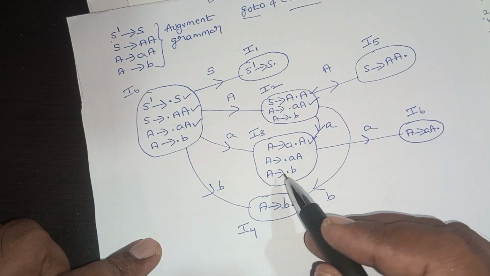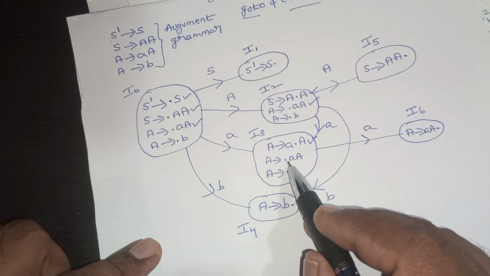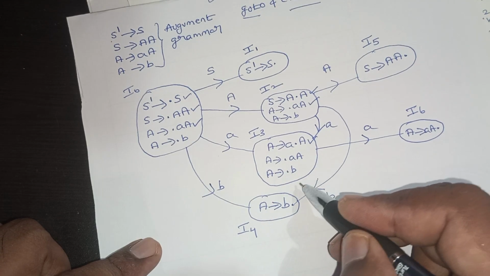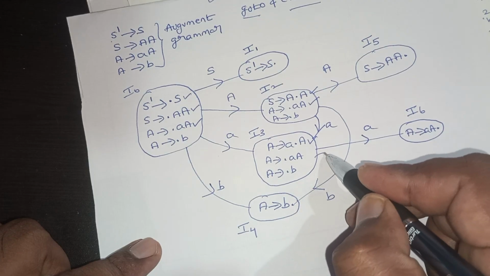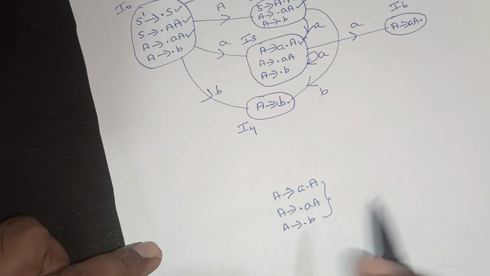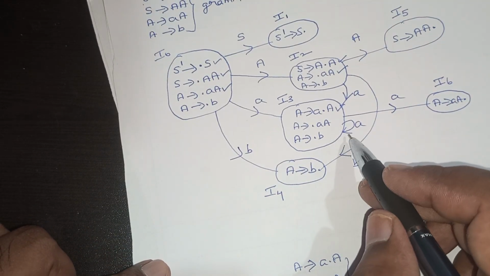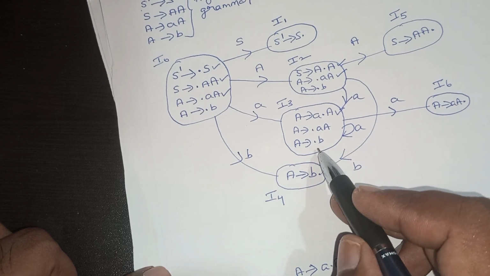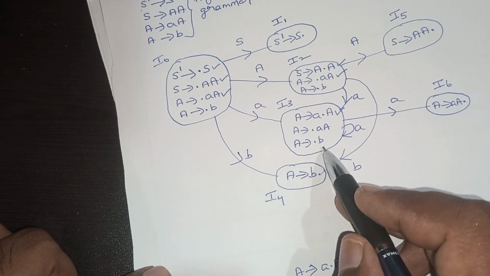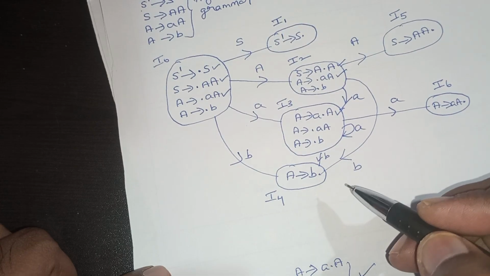Now what do I have to do? When you perform the goto on small a, you get this self loop. It means I'm getting this same item. Simply give the self loop. Now on this also, A tends to B dot. Now simply give the arrow like this.